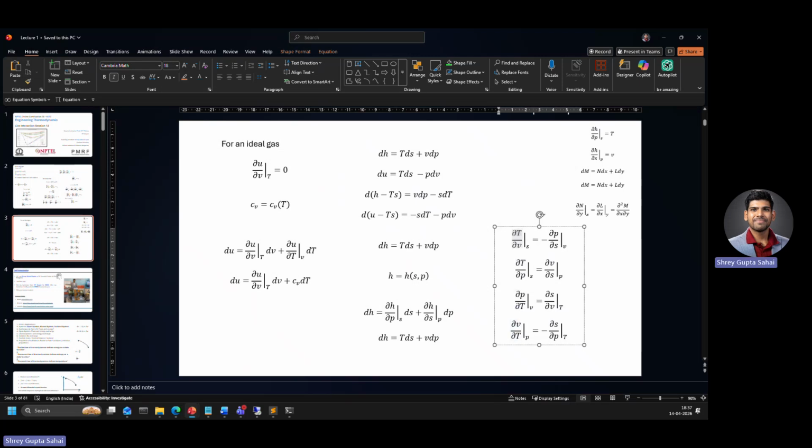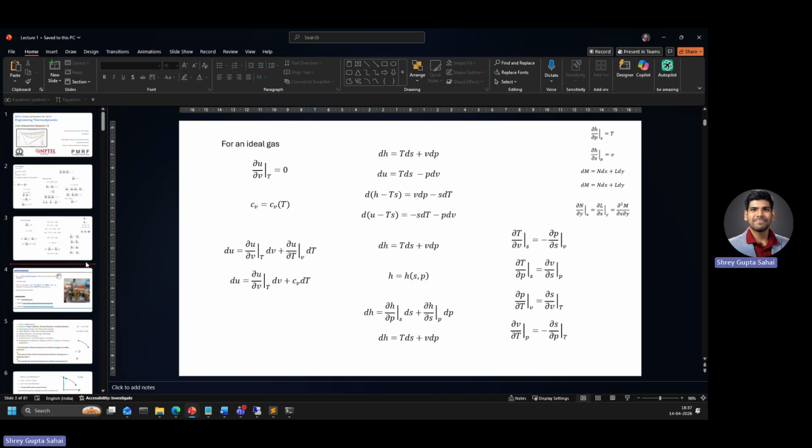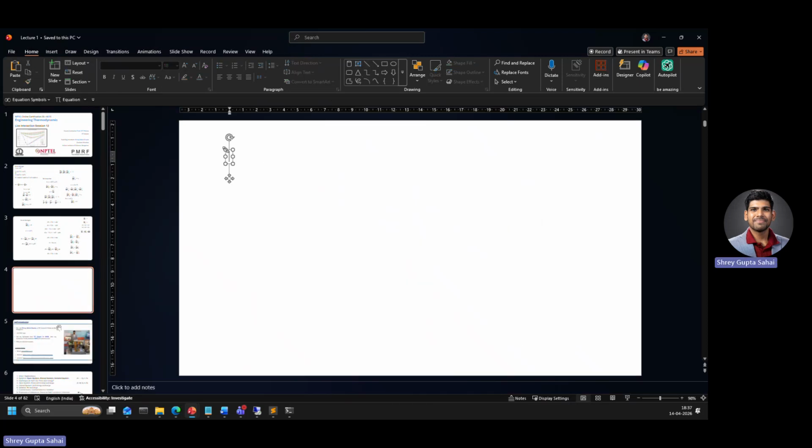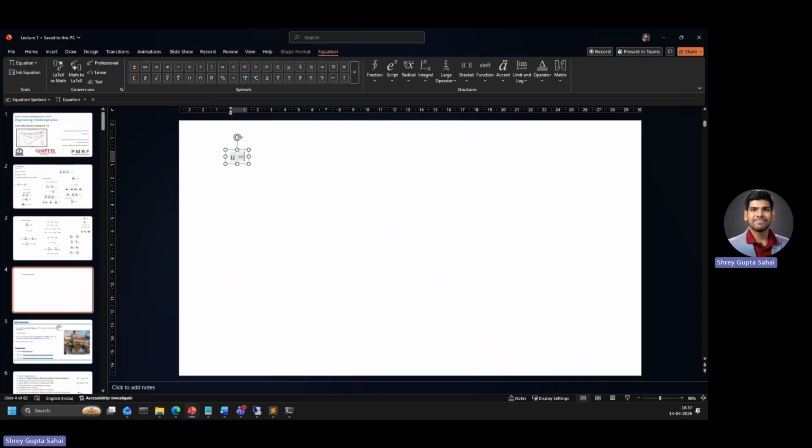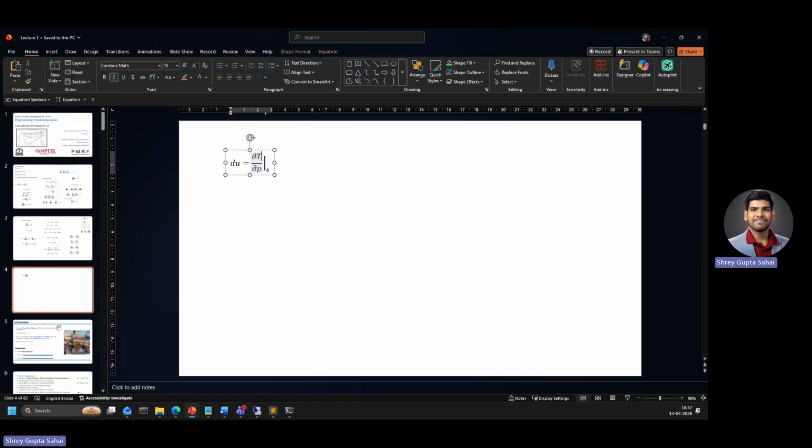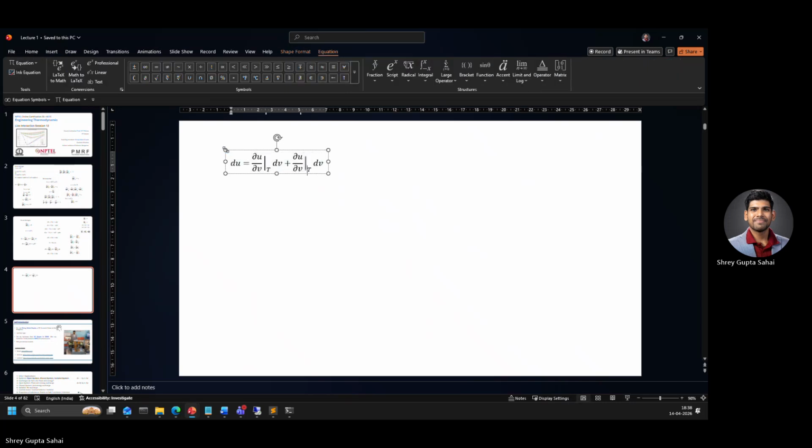Now with this, let's try to write the general U. If I had to write U as a function of V comma T, I would write this. Now this is known to us to be CV dT.